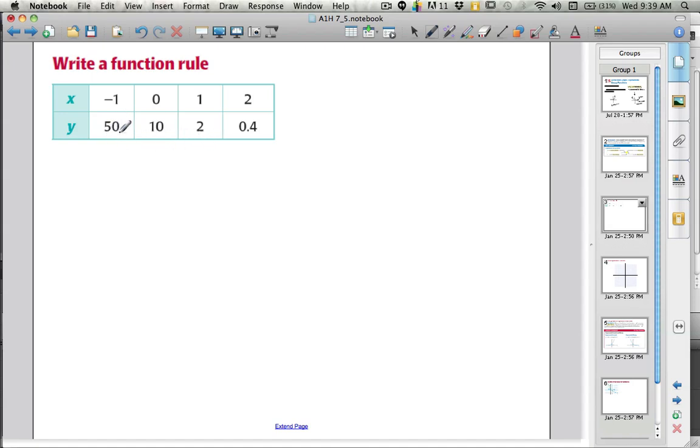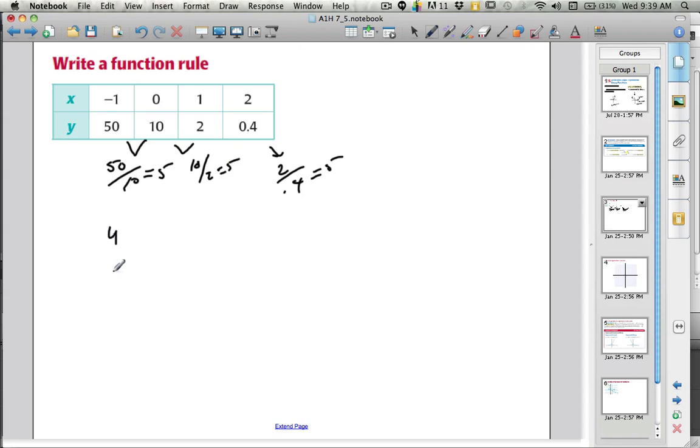So you can see, right, 50 divided by 10 is 5. 10 divided by 2 is 5. And 2 divided by 0.4 equals 5. So we're having a factor of 5 going on here.